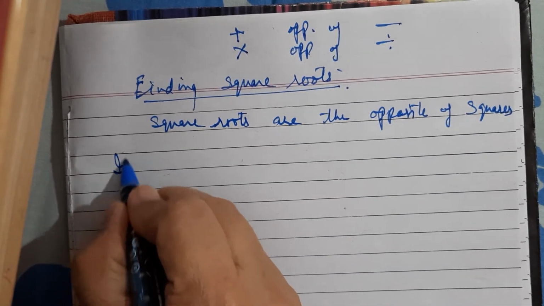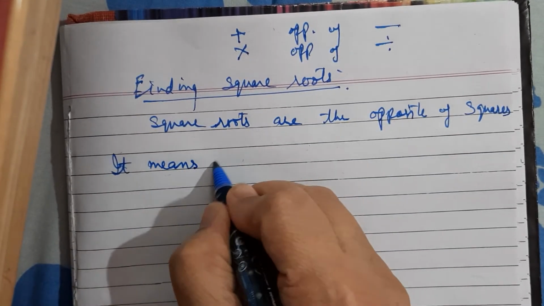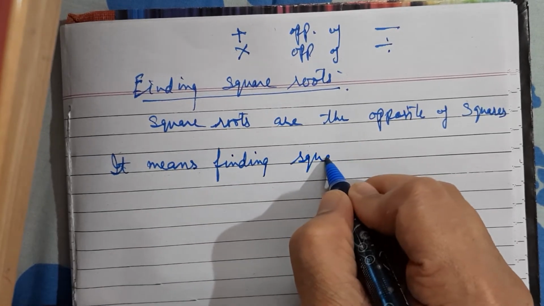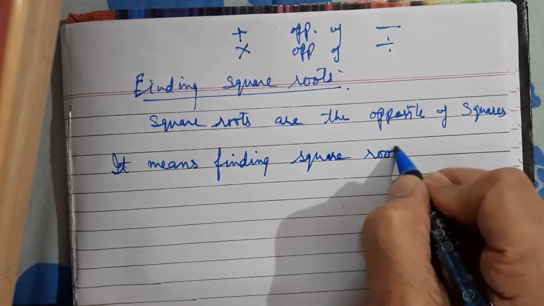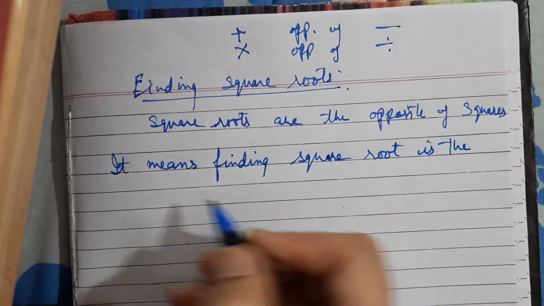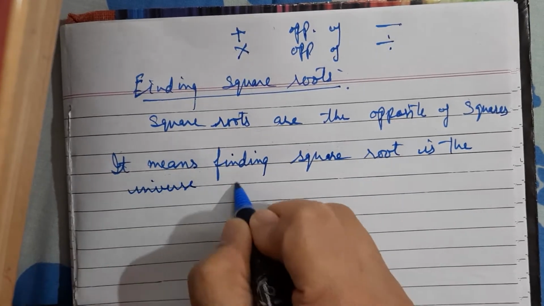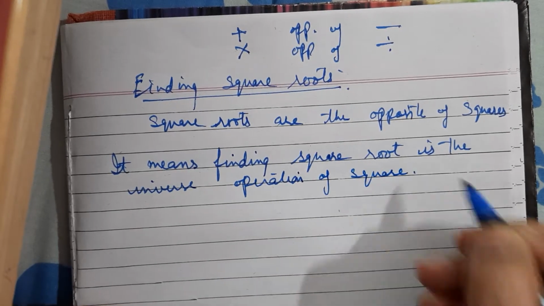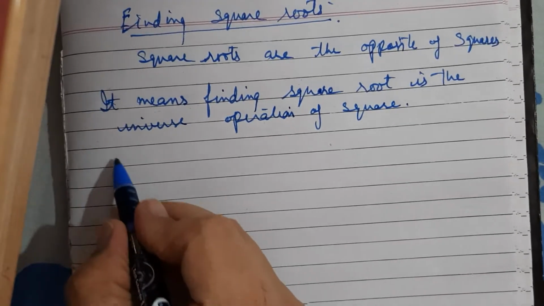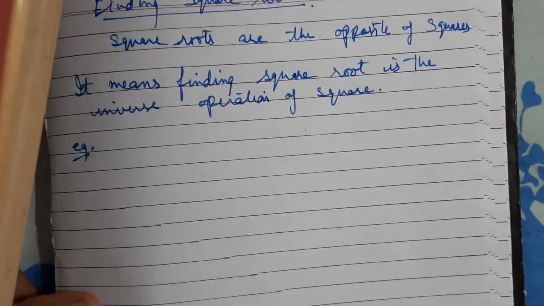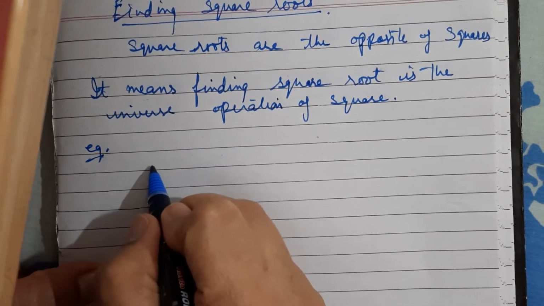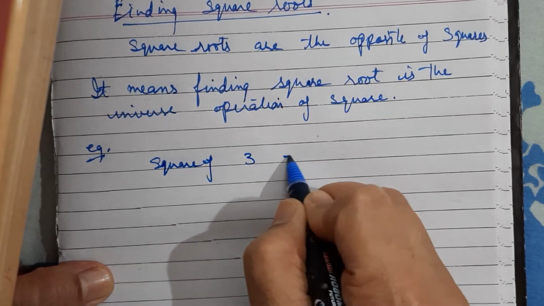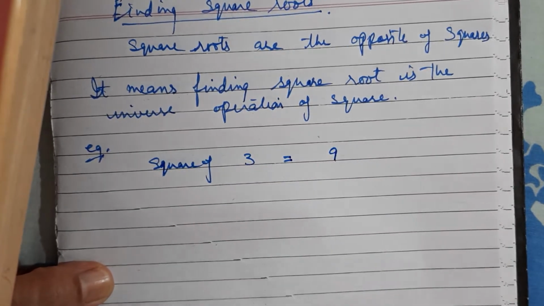It means finding square root is the inverse operation of square, right? Now take example for this. Till now you have studied that square of, suppose, 3 is equal to 9, right?